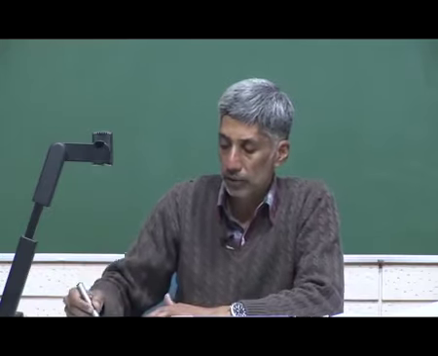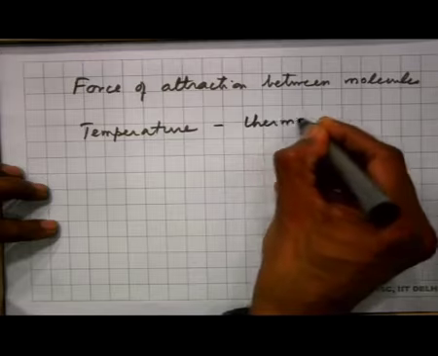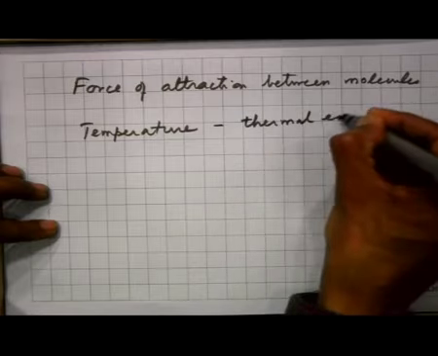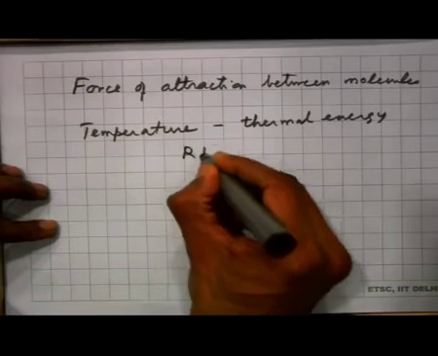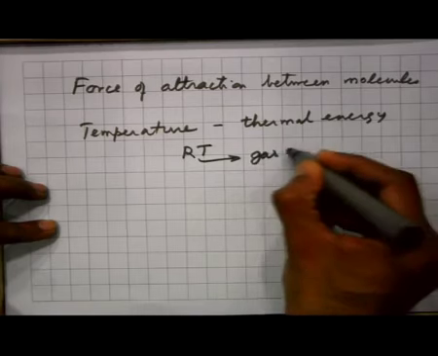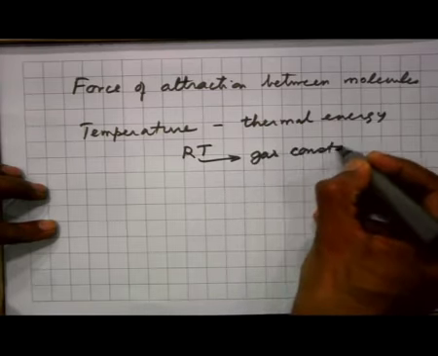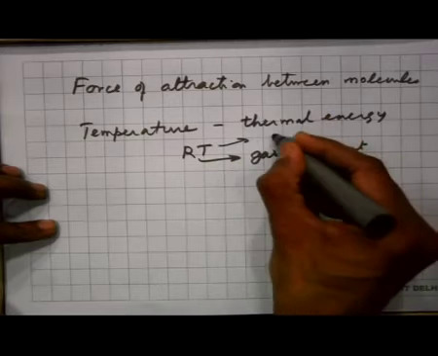So, qualitatively you can say the temperature or thermal energy, as it is sometimes called, is roughly estimated per mole as RT, where R is the universal gas constant and T is in Kelvin.